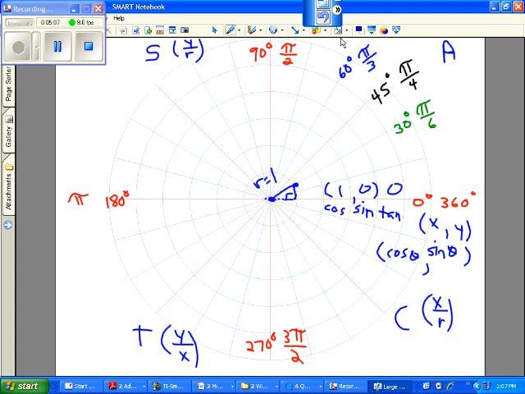See, we're talking about a unit circle. We're talking about the radius being 1 every time. Now, and I'm going to do this in green, do you realize that this vertical distance is actually the y value, which is sine, and this horizontal distance is your x value, which is cosine?